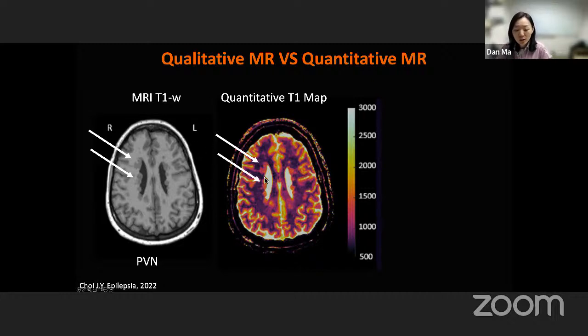Another thing is that we can clearly see that this area has high T1 as compared to the neighboring lesion, where we don't see much clearly from this MR T1 weighted image.